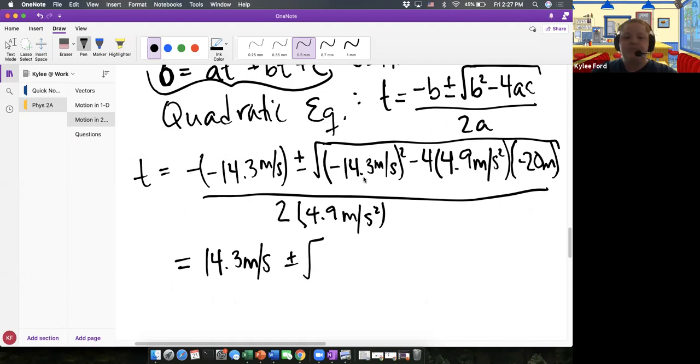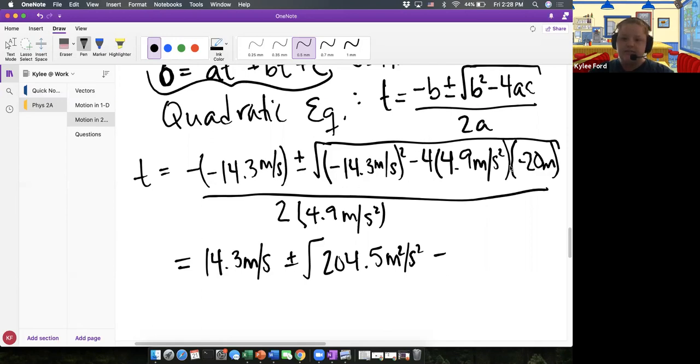Then in my square root, I have 14.3 squared, which is 204.5 meters squared per second squared, minus 4 times 4.9 times 20.